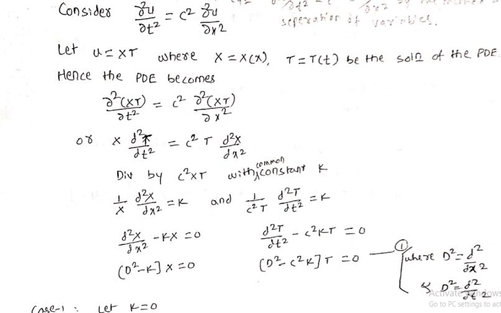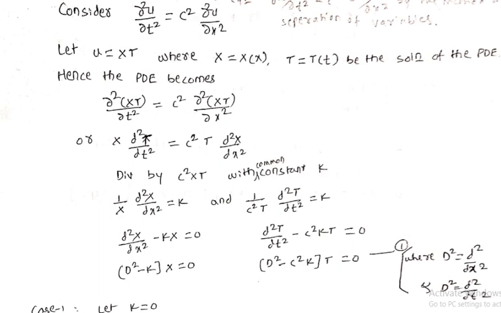Similarly, multiply both sides by c square T, so the equation takes the form k into c square T. Shifting this to the left hand side and expressing the differential equation in symbolic form, we get D square minus c square k.